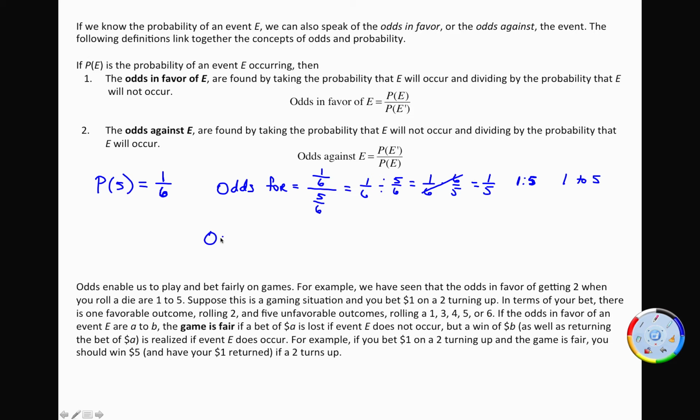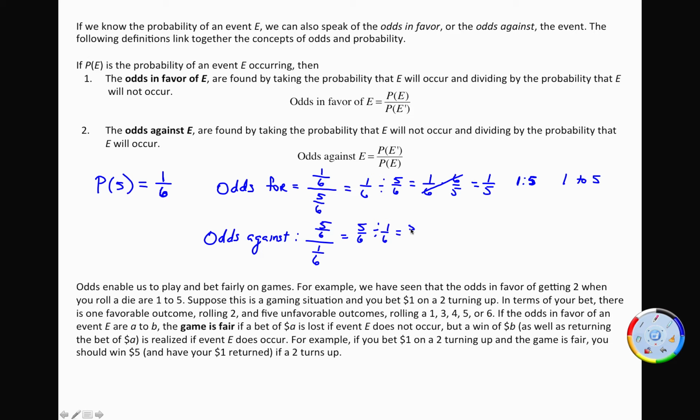Now, if we were going to do the odds against, to plug into the formula, we would do the probability that it does not occur over the probability that it does occur. So again, 5/6 divided by 1/6.